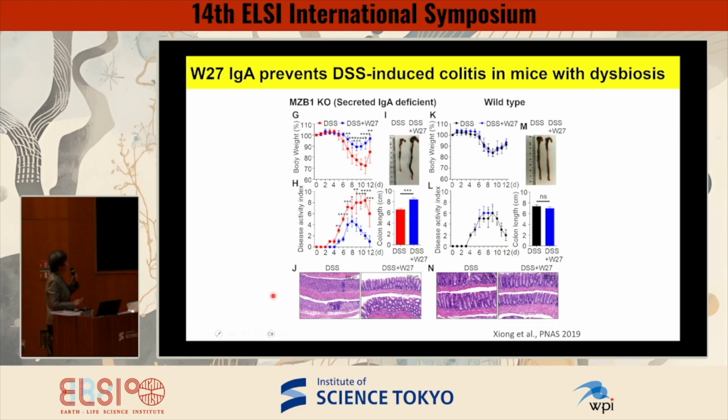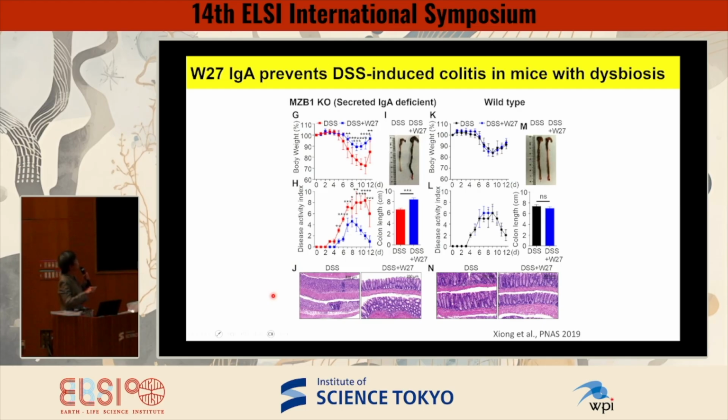In the other study, here is one kind of chemical that can induce colitis. This is a famous chemical. But if we administer W27, the body weight change is smaller, the colon lengths are maintained, and the tissues are also maintained.